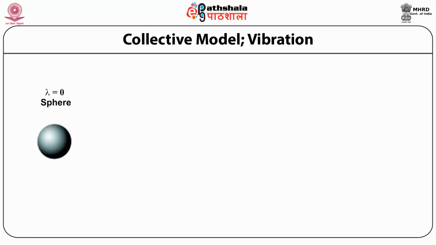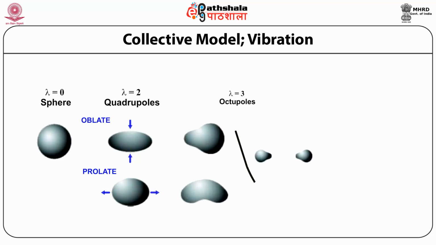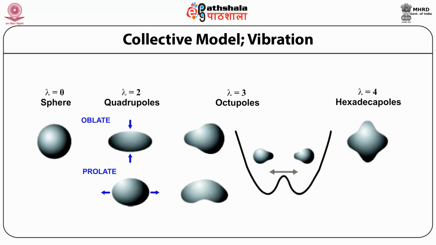So, we can see that for lambda is equal to 2, the nucleus can be oblate and prolate, while at lambda is equal to 3, the nucleus assumes the octopole shape, and for lambda is equal to 4, the nucleus assumes hexadecapole shape.